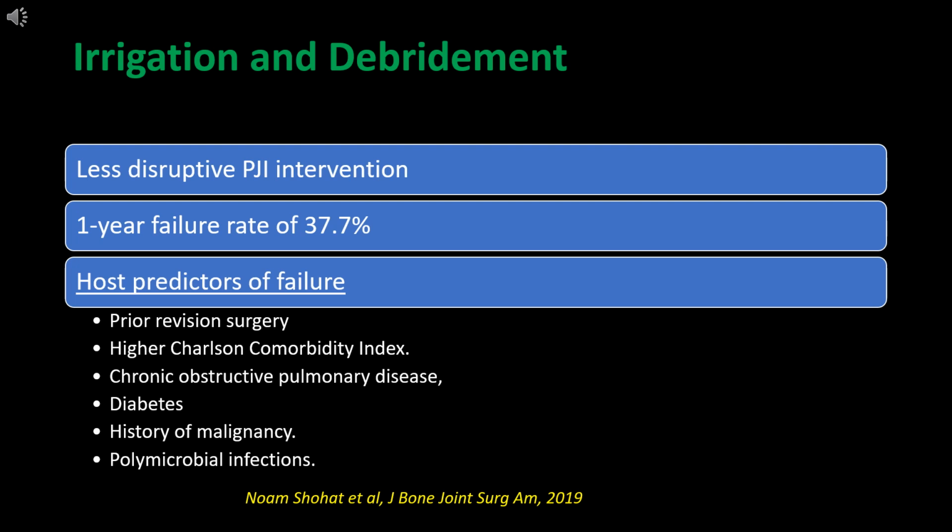The authors found that host predictors of failure included prior revision surgery and higher Charlson comorbidity index. Specific comorbidities associated with failure of this treatment included chronic obstructive pulmonary disease, diabetes, and history of malignancy. Polymicrobial infection also had a worse prognosis.